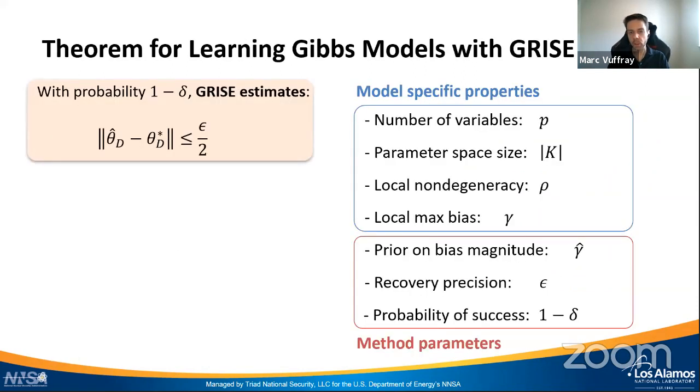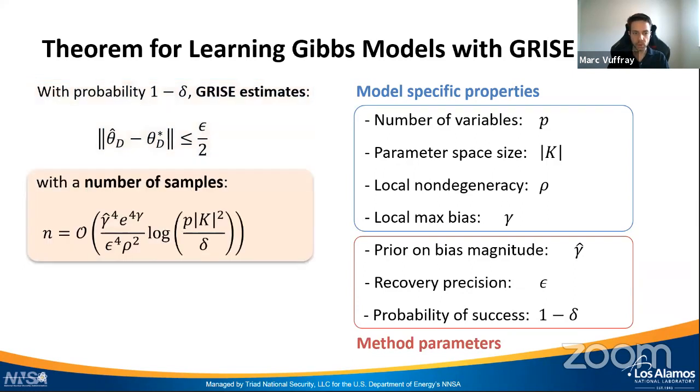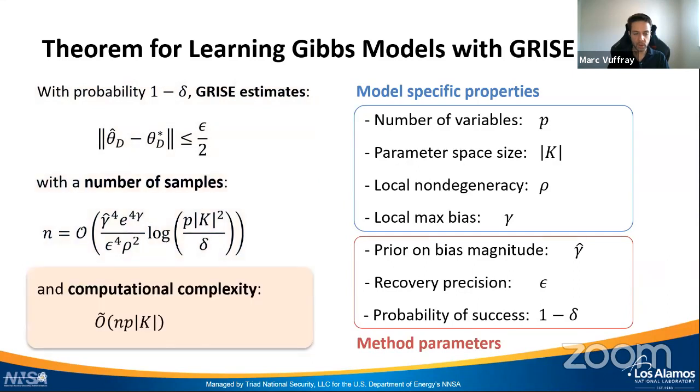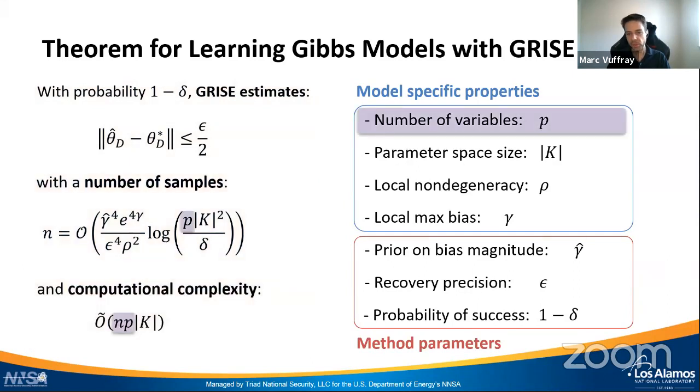So in the end, using this technique, we can give finite sample guarantees. I'll probably not parse all these parameters. The important point is that if you want to reconstruct a certain subset of parameters within a certain accuracy, in a certain norm, then we can guarantee that you can do it with a number of samples that is logarithmic in the dimension of your problem and in the parameter space size k.